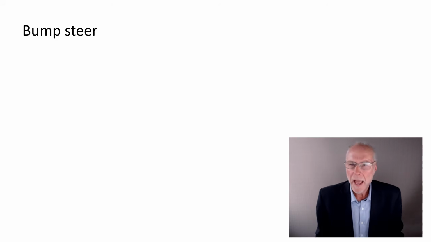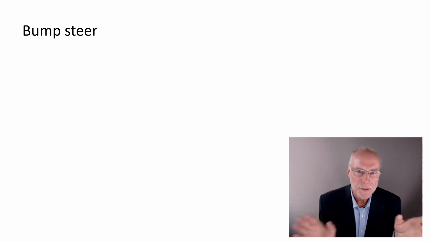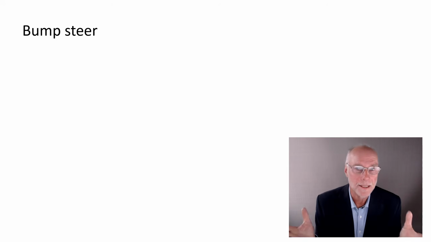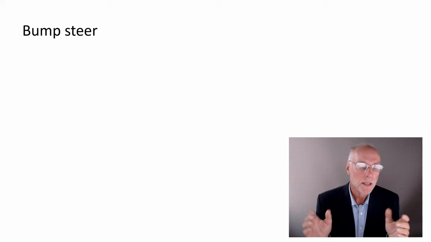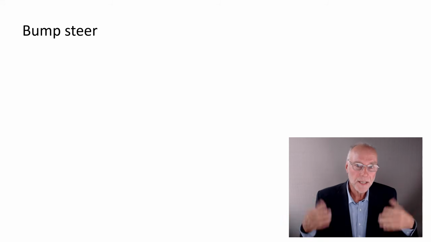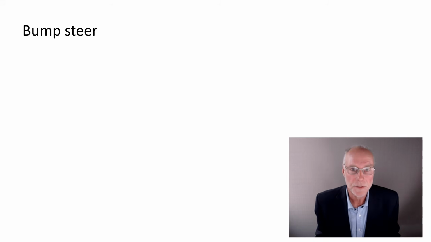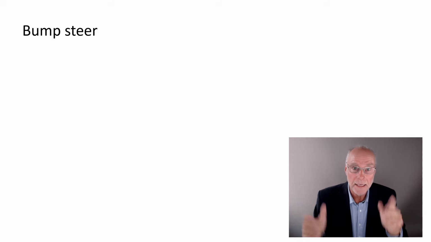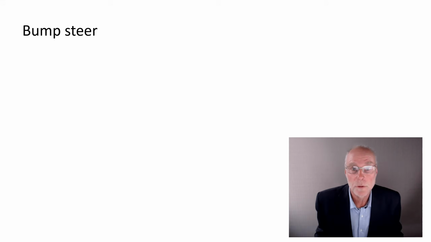Now, you might say, well, how do I differentiate bump steer in roll from just normal understeer and oversteer? And that's a very, very good question. Most people, you won't be able to feel it. So for a car that has roll understeer, which most cars have because of bush deflection, designed in to make the car stable, the car will just feel more stable.